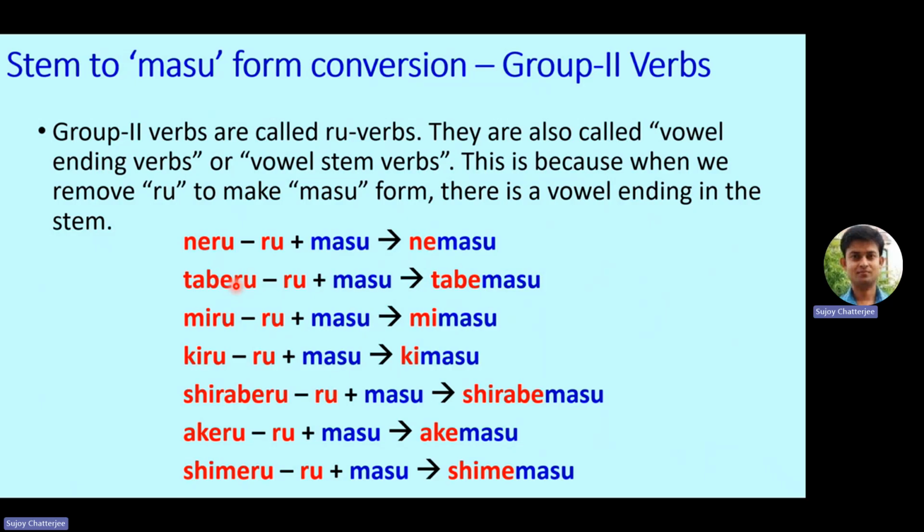So this is how group 2 verbs are converted to their mass form. This is the present, but for past also it will be the same. Nemas, nemashta, nemasen, nemasendeshta. Tabemas, tabemasen, tabemashta, tabemasendeshta. Mimas, mimashta, mimasen, mimasendeshta. In this way, all these mass forms can be derived.